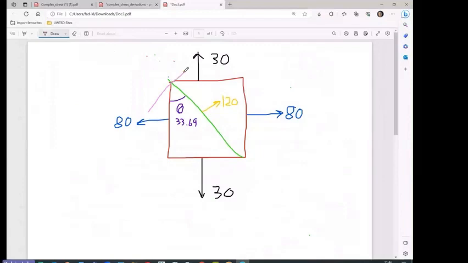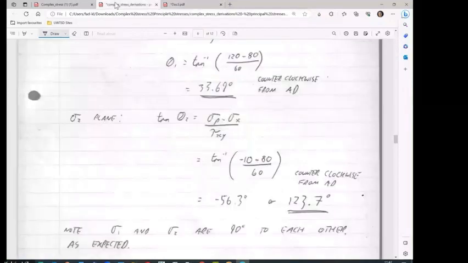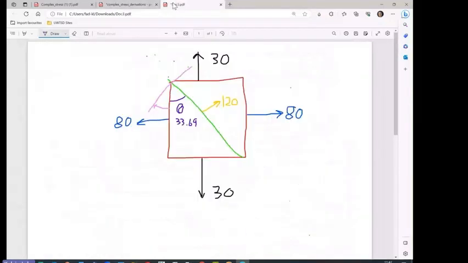There would be my minimum principal plane. Now that is minus 56.3 degrees here.